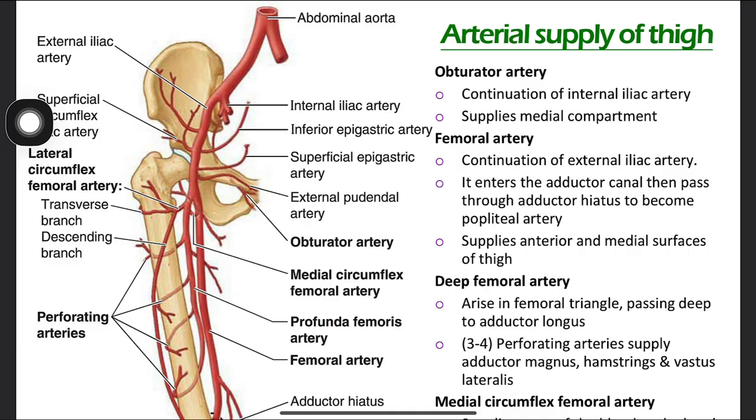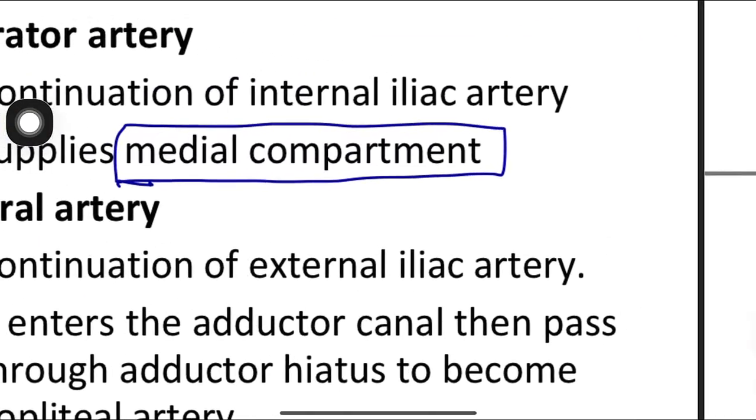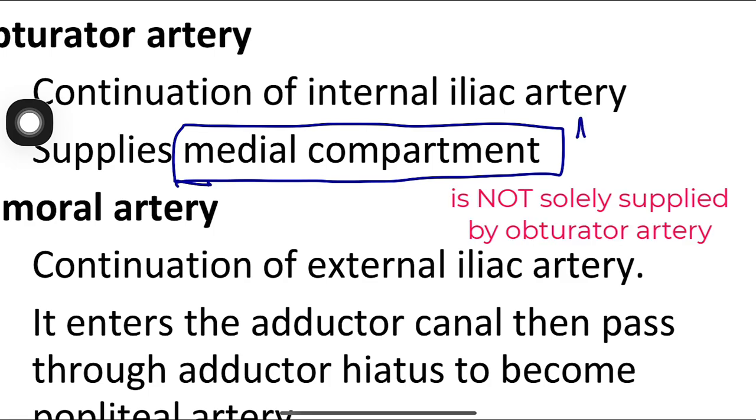But the obturator artery, we say that it is a continuation of the internal iliac artery, so supposedly it supplies the medial compartment. But you should make a note here: it is not the sole supplier. There are other arteries that also supply the medial compartment.